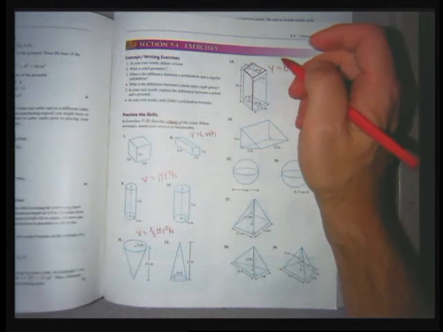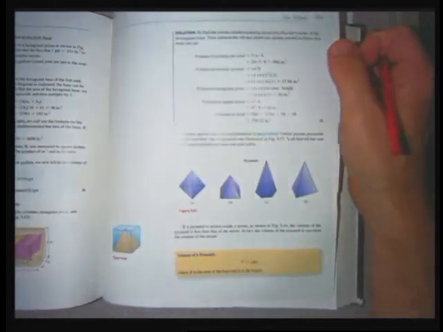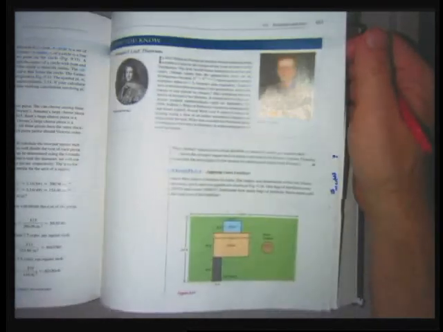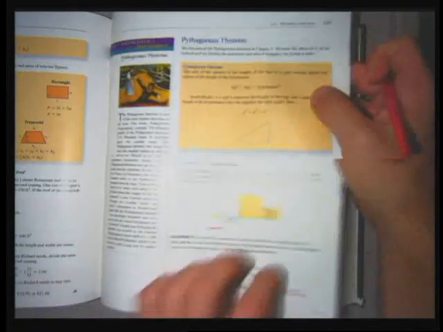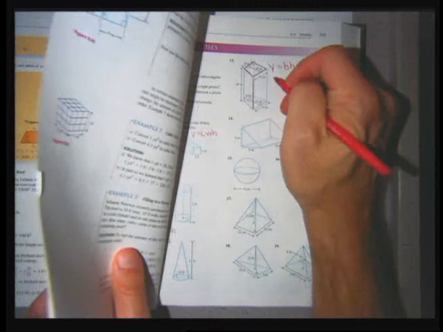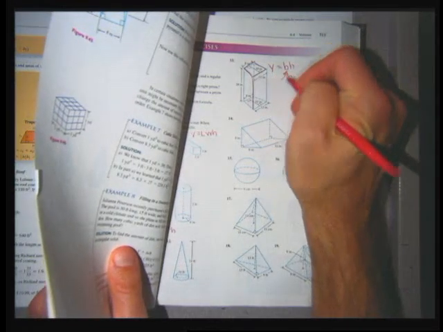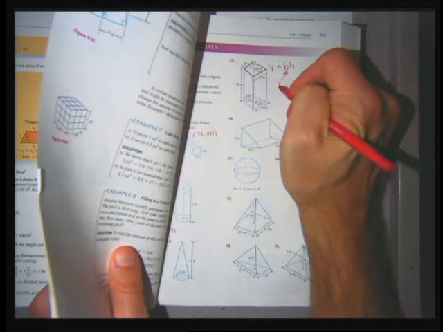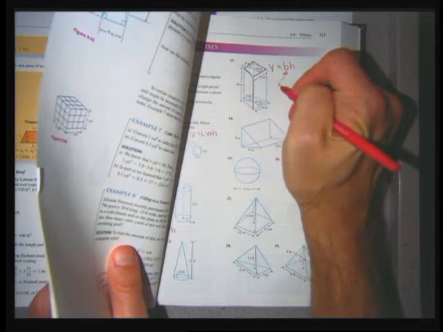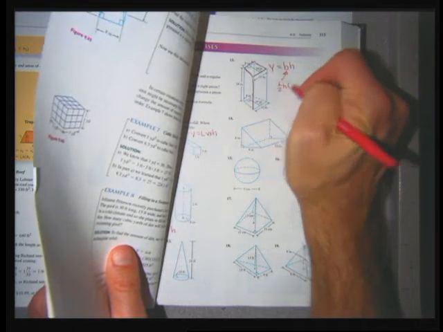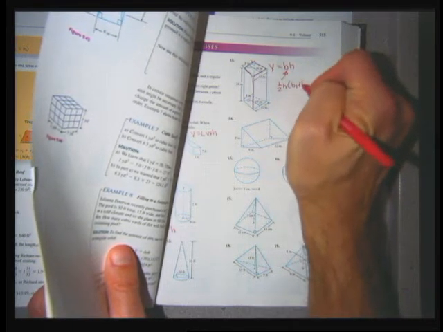If you don't have that memorized, you can flip back a few pages and find the formula for a trapezoid because it's given in the text. Again, it's not something I'm going to make you memorize. The area formula for a trapezoid is 1/2 times the height times the sum of the bases.